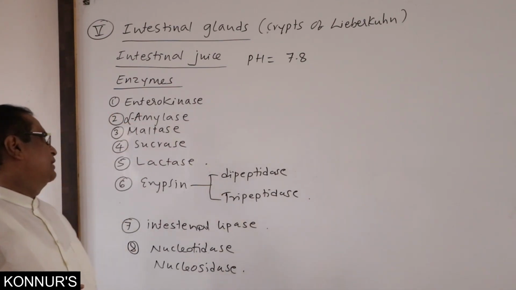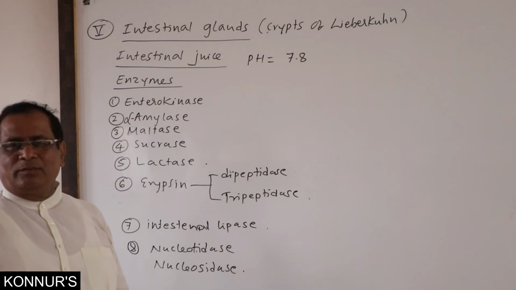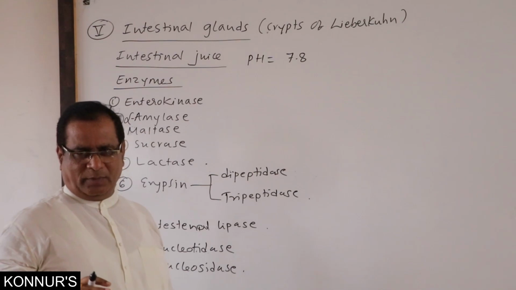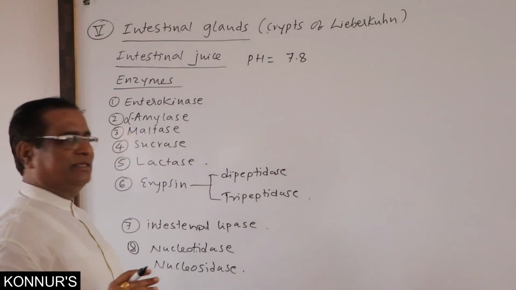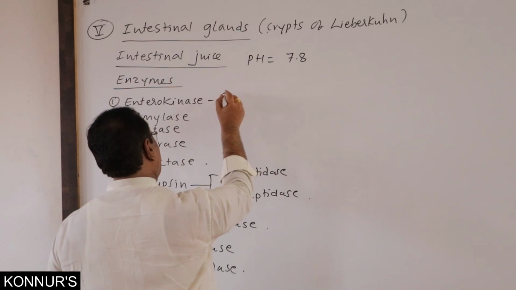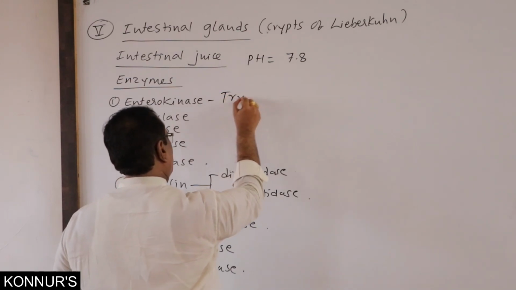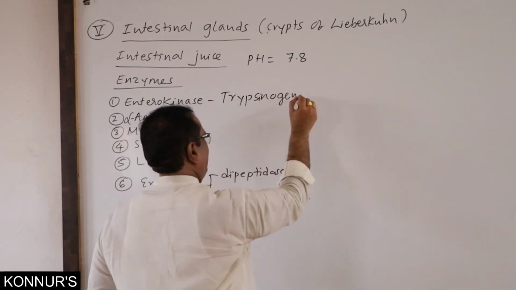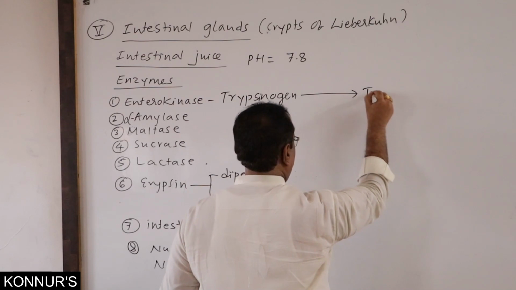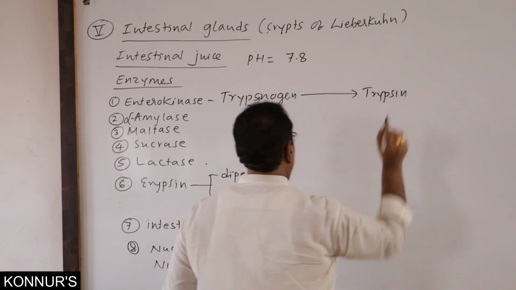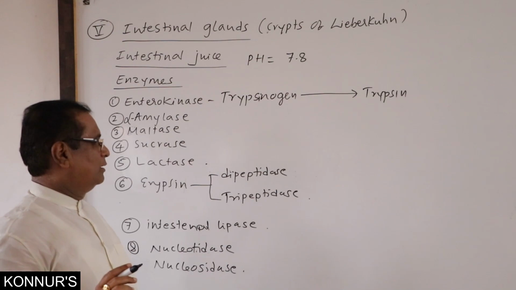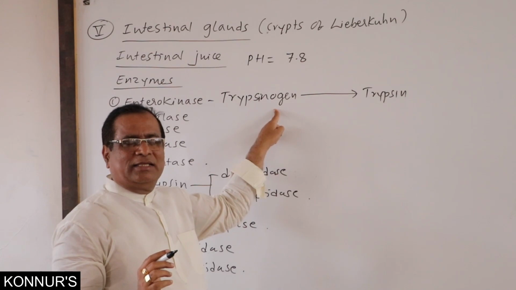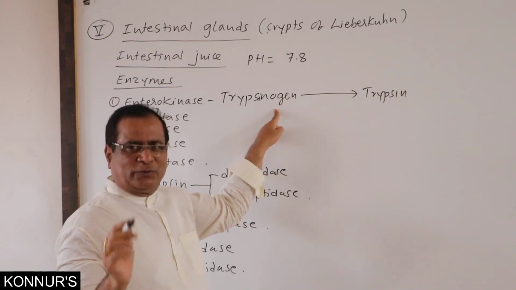The first one is enterokinase. This is an enzyme that never acts upon any food. But what it does is convert inactive trypsinogen into active trypsin. This trypsinogen is an inactive enzyme of pancreatic juice.